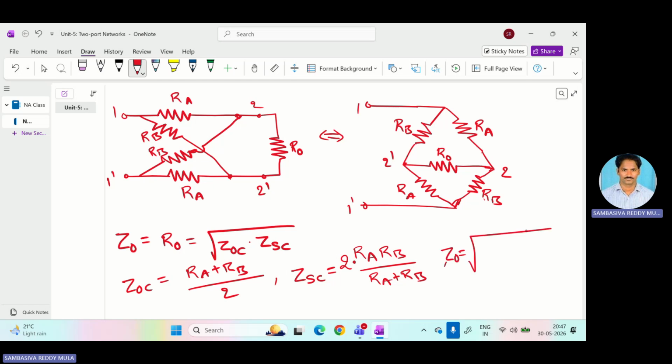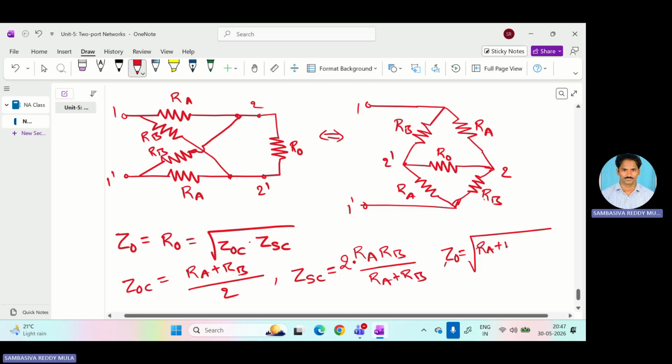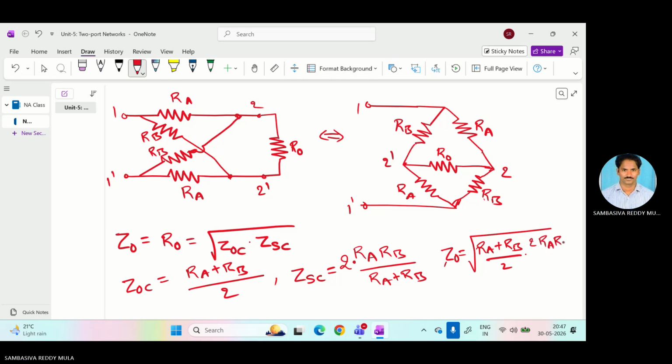Z0 is the square root of ZOC, RA plus RB divided by 2, into ZSC, 2 RA RB divided by RA plus RB. So this 2 and 2 get cancelled, RA plus RB gets cancelled.